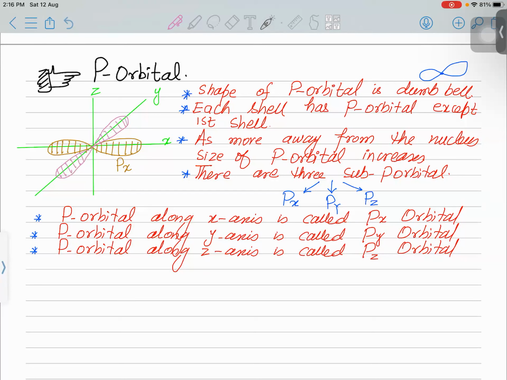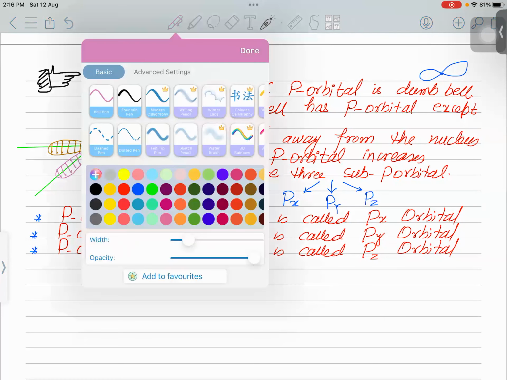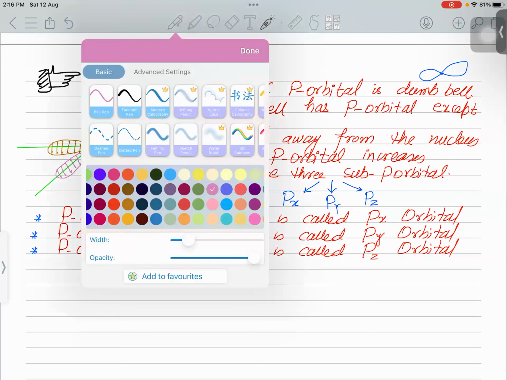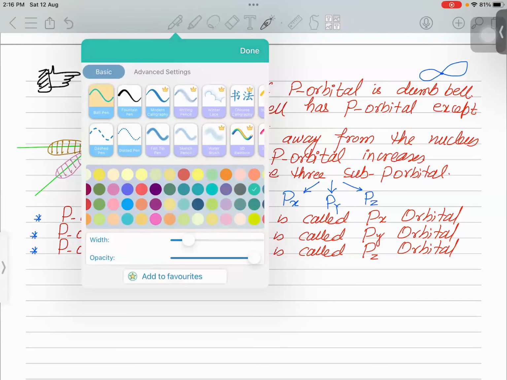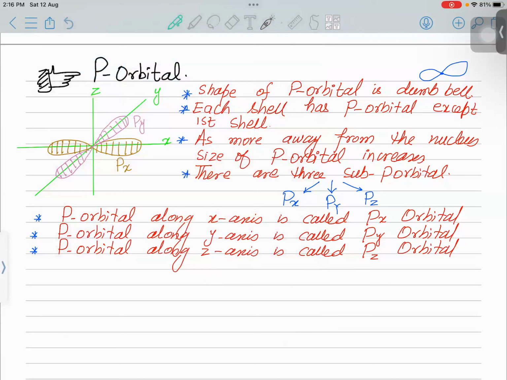This is py. This is called pz because it is along the z-axis.